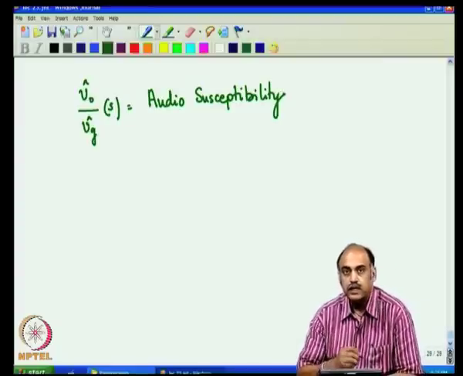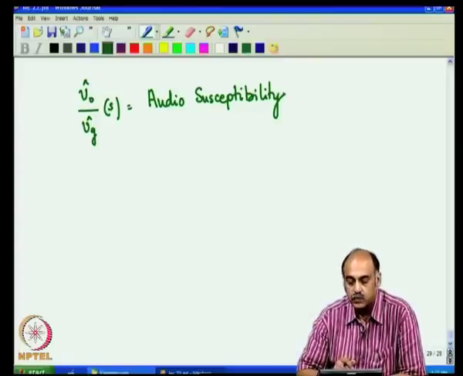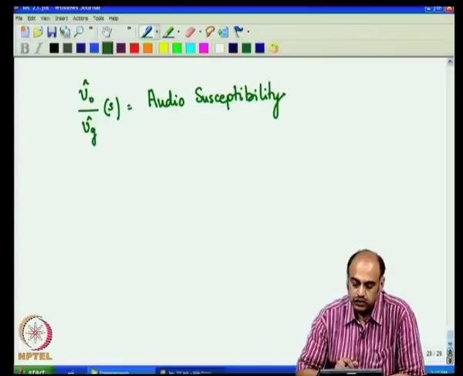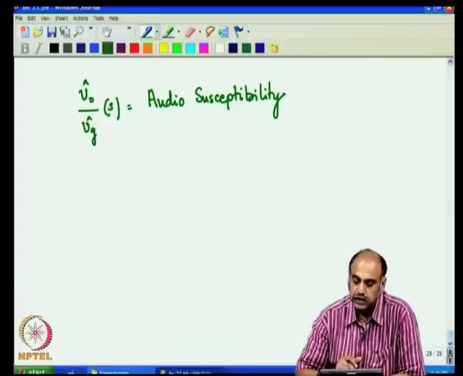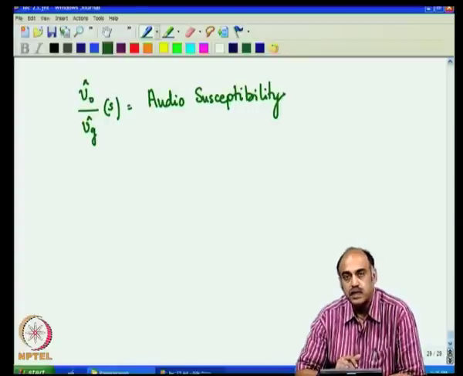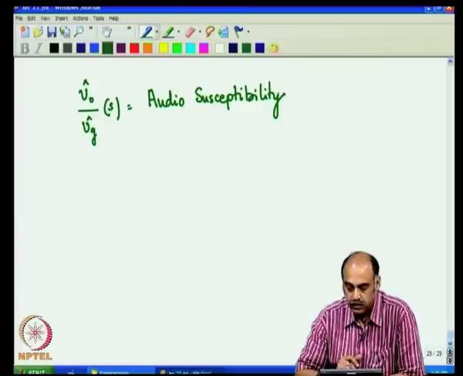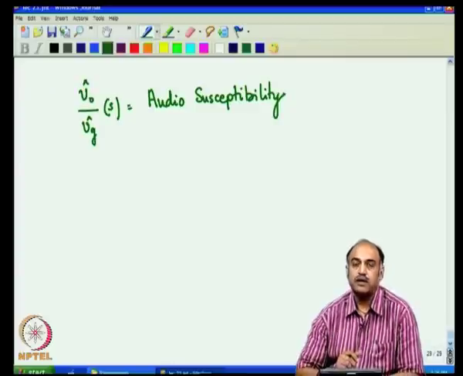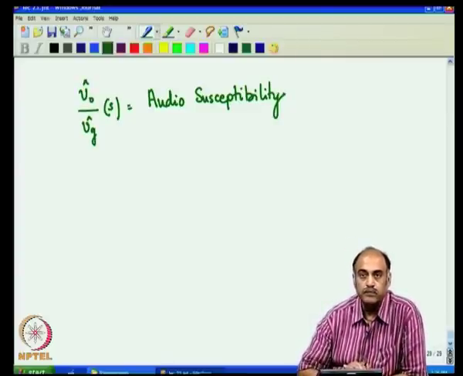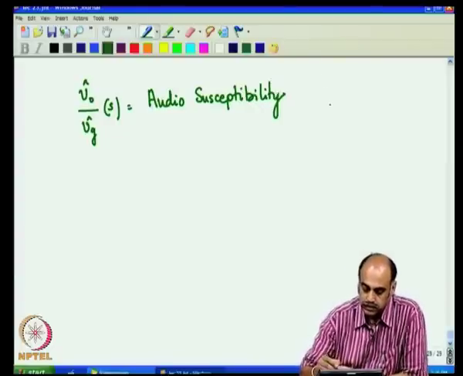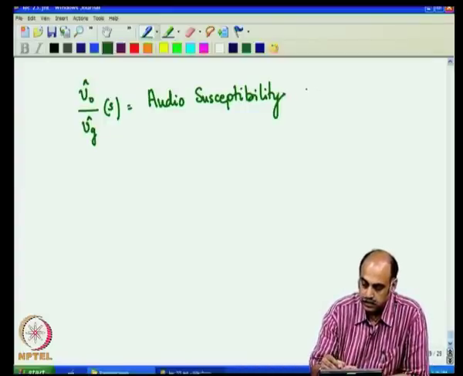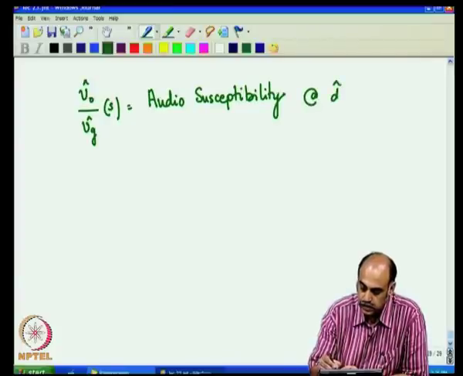See, D or D hat is the control input. That control input is actually changing Vg, and Vg hat is also one of the inputs, and variations in Vg can also get reflected as changes in the output, and these are low frequency or low signal variations, and they are in the audio range or the low frequency audio, and the regulation or susceptibility of the circuit to these low frequency disturbances is called the audio susceptibility, and that is why such a name is given, and this is at the D input being 0 and the Iz input being 0.